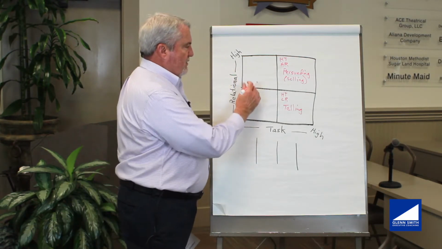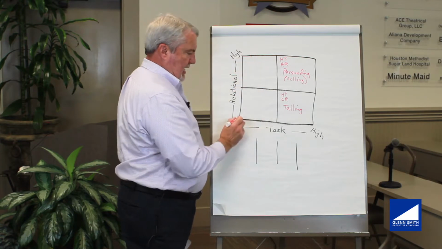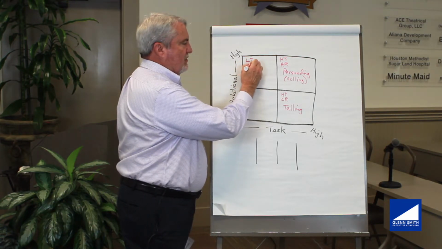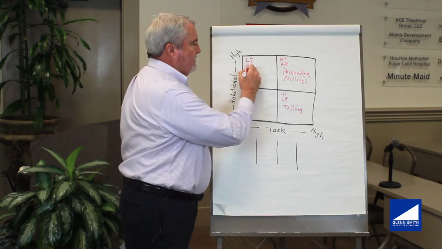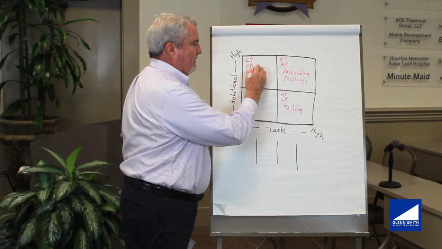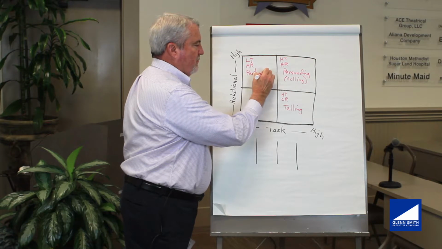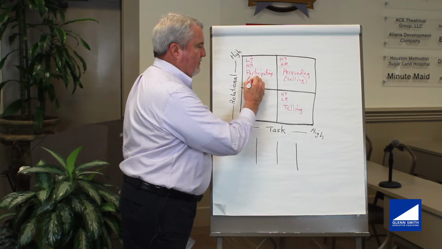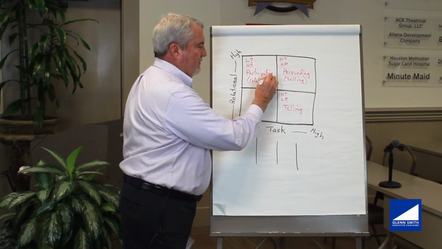Over here, this style would be low task but high relationship, and we call this a participating style of leadership. And sometimes we refer to this as a collaborating style of leadership.